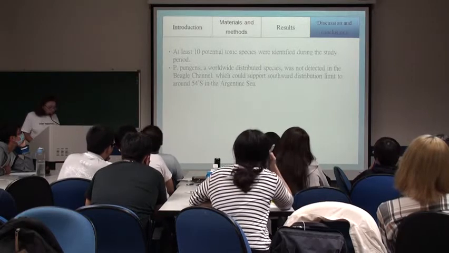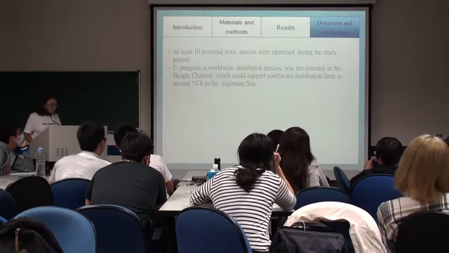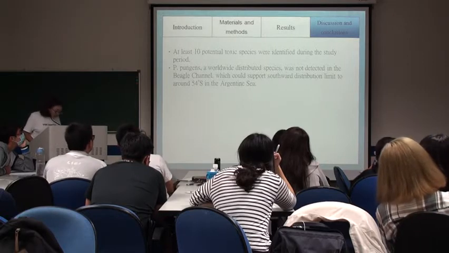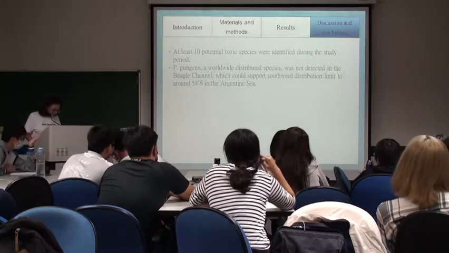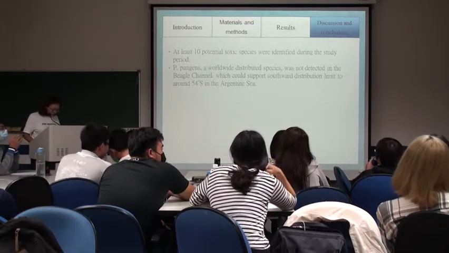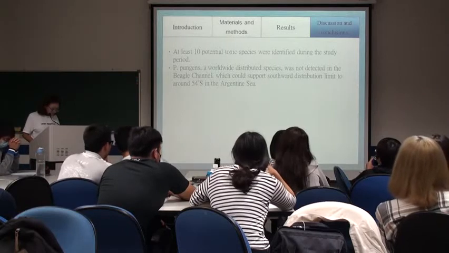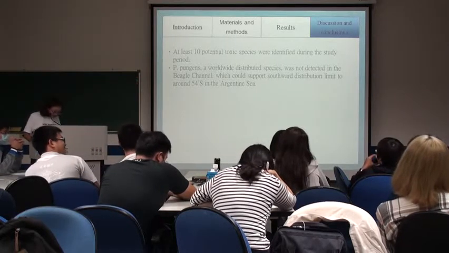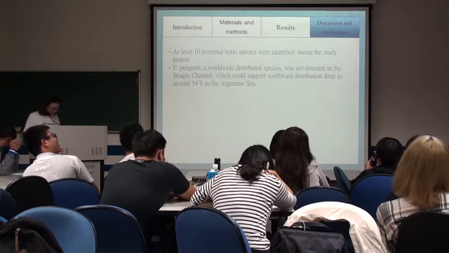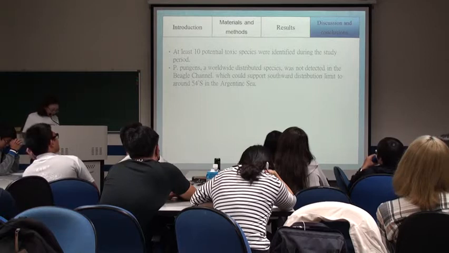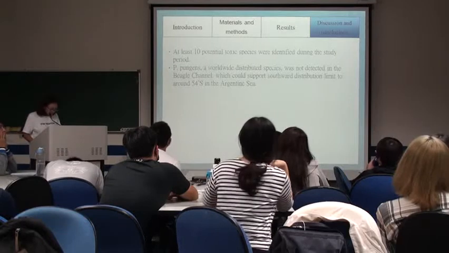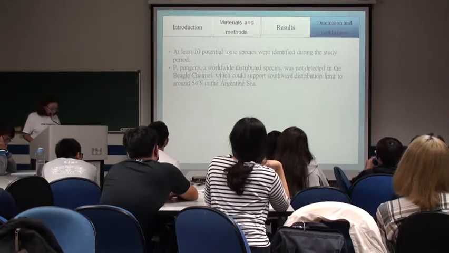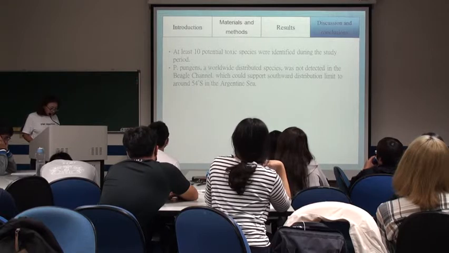In this research we know that in the Beagle Channel at least 10 potentially toxic species were identified during the study period, and the penguin was not detected in the Beagle Channel, which could support this.